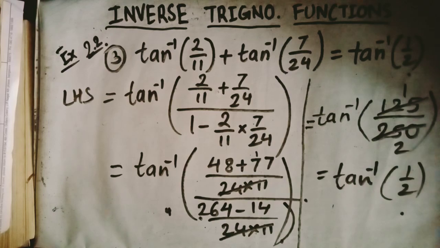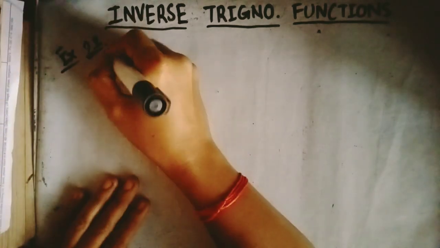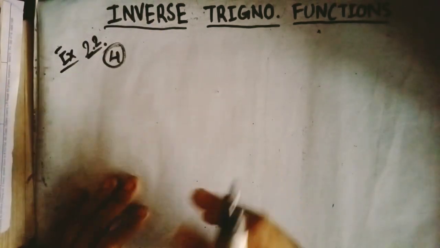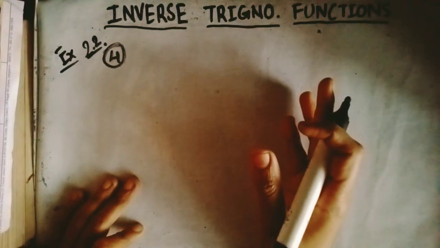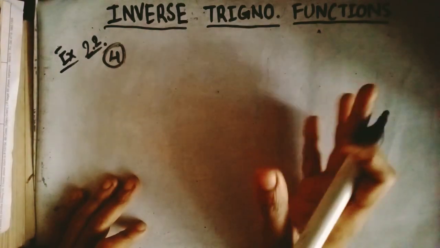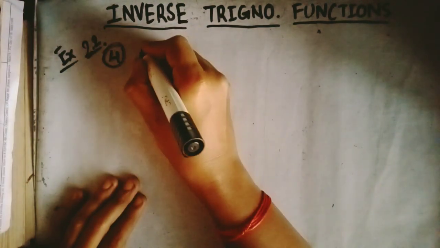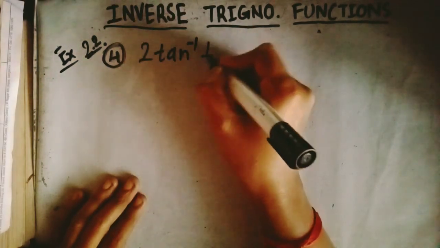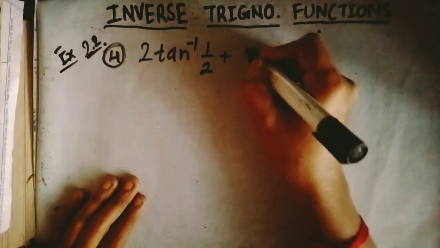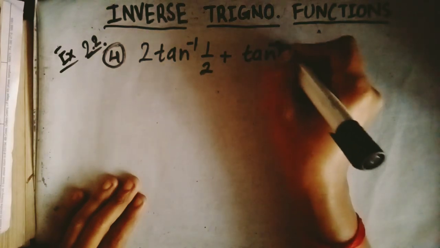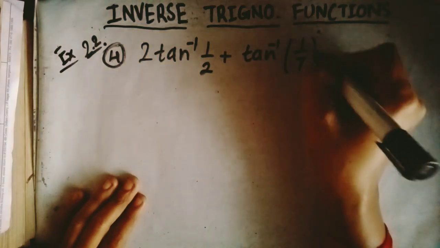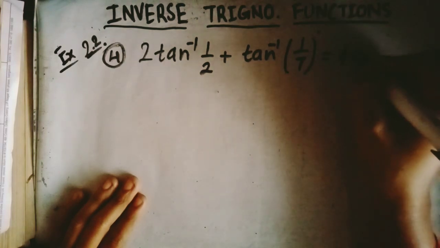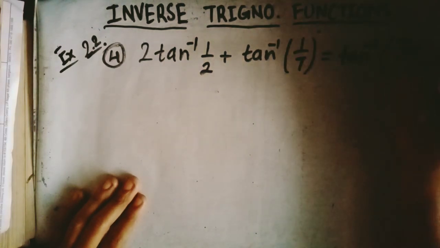Same way question number 4, it is slightly different. For question number 4 you have to make use of the 2 tan inverse of x formula. The question is 2 tan inverse half plus tan inverse 1 by 7 equal to tan inverse 31 by 70.